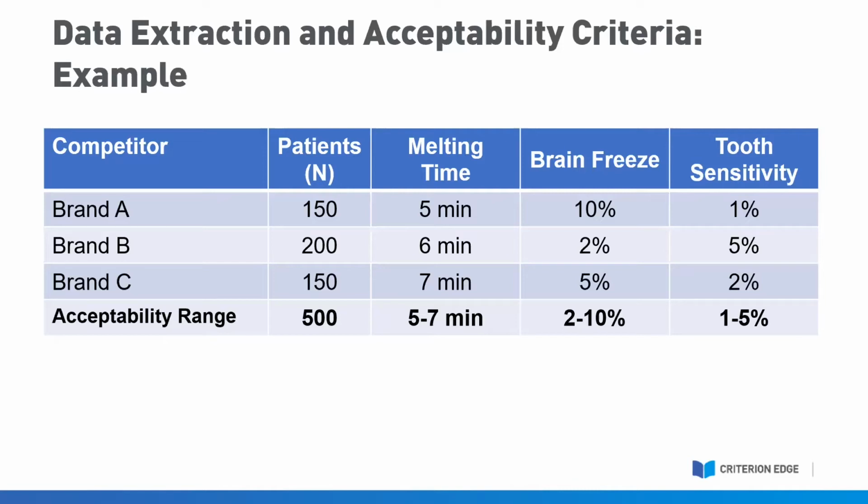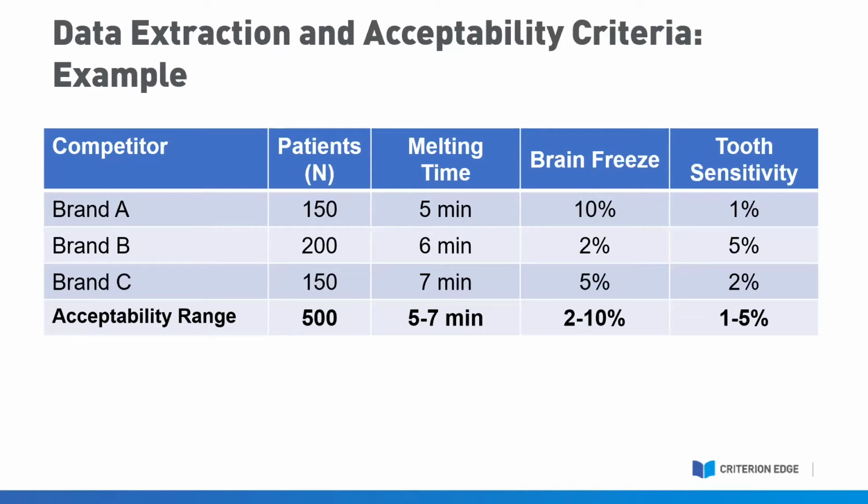As you can see here in the table, there are several different brands or several different competitors that you've identified. You will include, often in a tabular format, information about the different performance objectives. You're going to collect the data and then calculate an acceptability range based on the data that's been reported in the articles that you retrieved as part of your competitor systematic literature review.